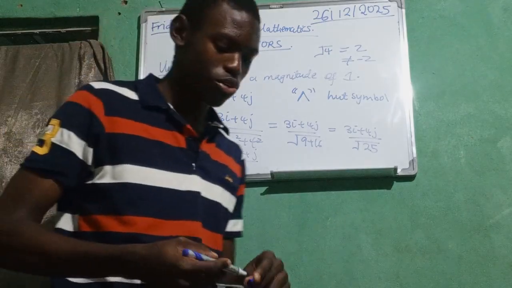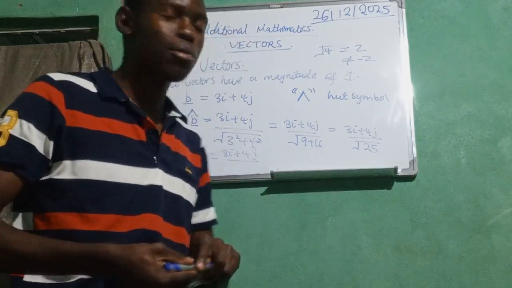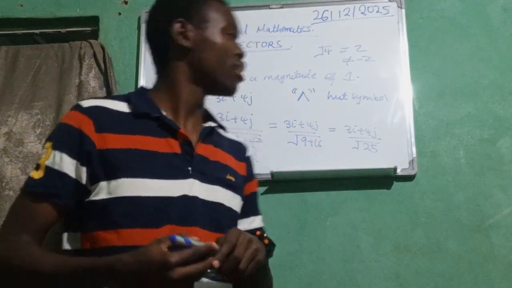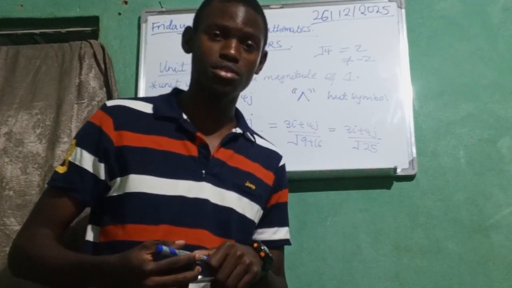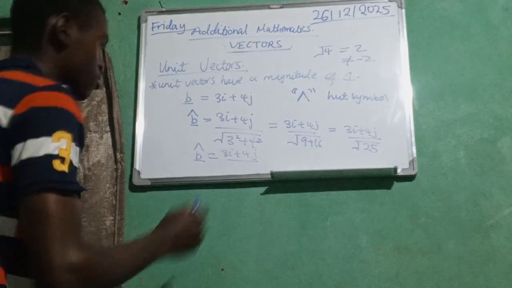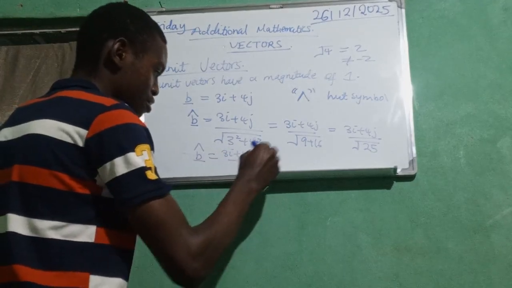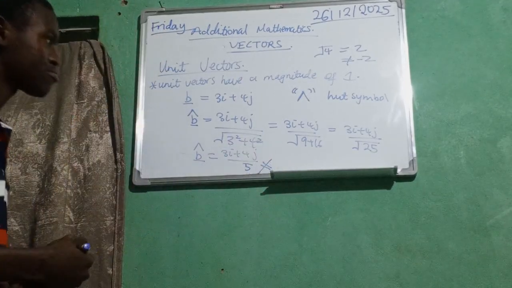That's something you need to know. So we do not say positive 5 or negative 5. The principal square root of 25 is positive 5. So you divide by positive 5. This will be your final answer.